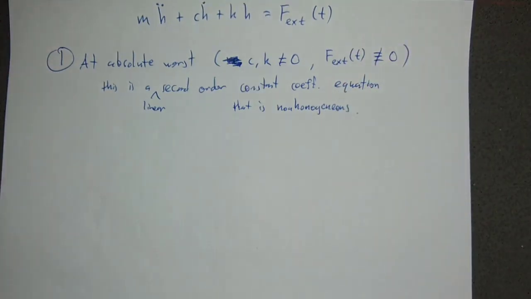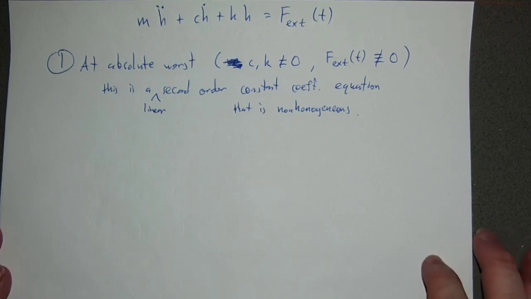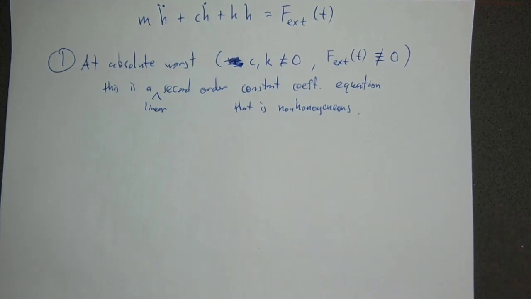So the absolute worst thing you get is constant coefficient non-homogeneous. You're never going to get variable coefficients here, so you're never going to have to use variation of parameters to deal with this. At absolute worst, you would have to use key identities or undetermined coefficients to find this particular solution.